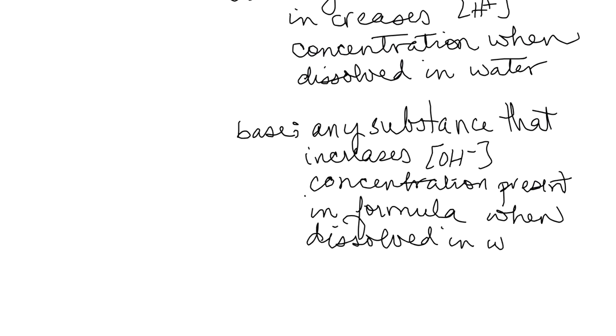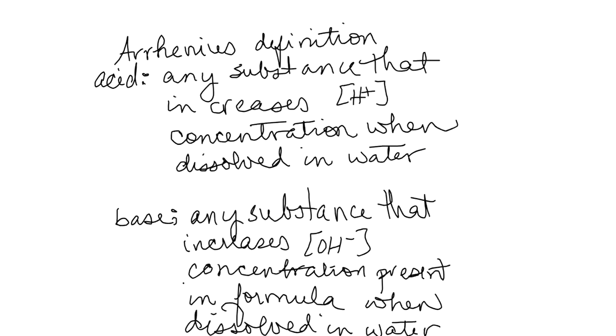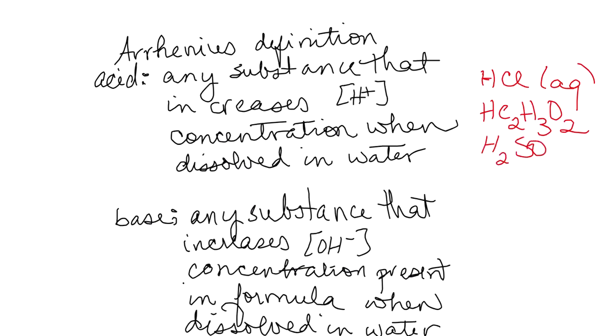Okay, so examples, of course, for an acid under the Arrhenius definition would be hydrochloric acid, acetic acid, sulfuric acid, okay, because they all have a hydrogen ion present that can increase the concentration in solution.